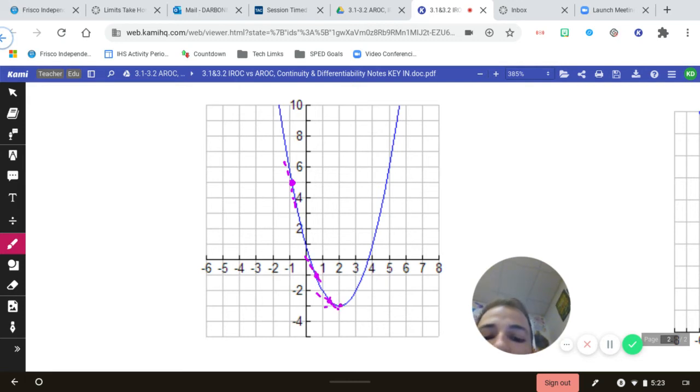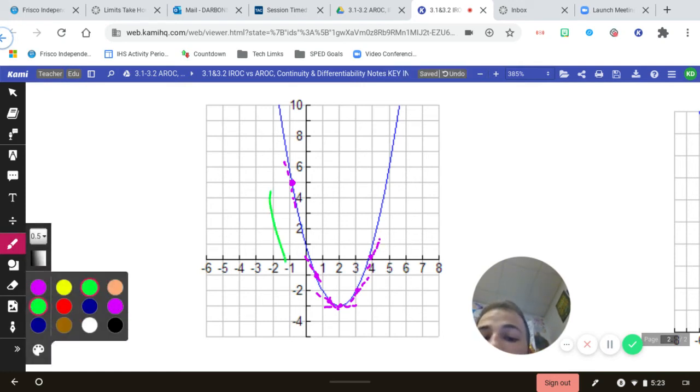And then right here at 2, it's going to become 0. And then it's slowly going to start increasing positively. So we go gradually from negative slopes to 0 to positive slopes. The key word here is gradual. I can find values of the slope the whole way through.